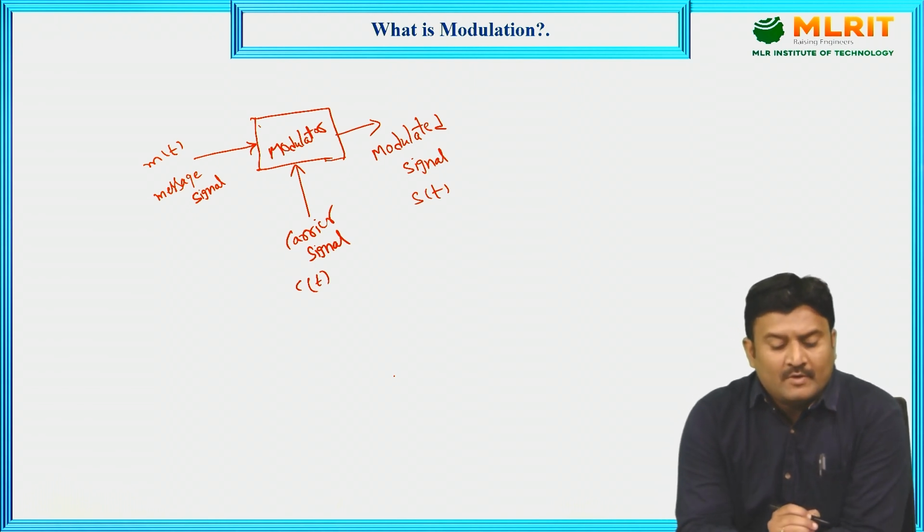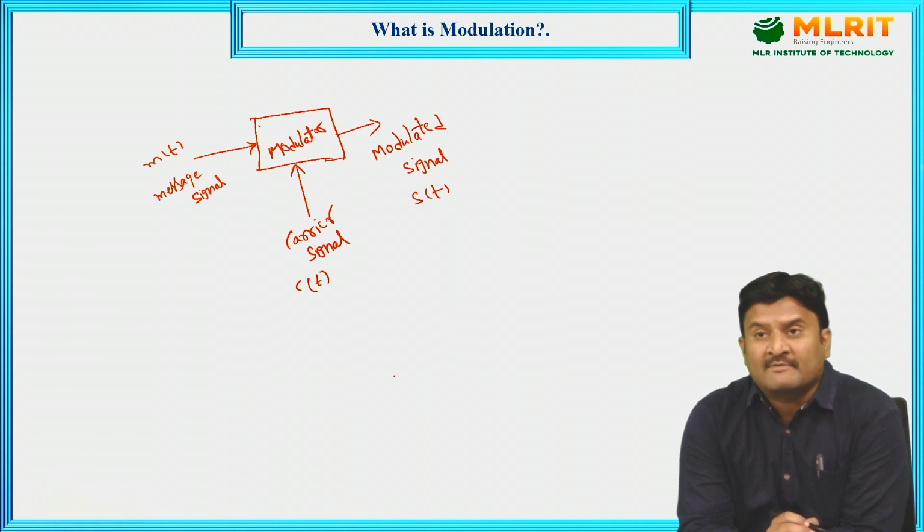Modulation needs two signals: one is the message signal and the second is the carrier signal. What is the definition of modulation? Modulation is defined as the high frequency carrier signal being varied according to the instantaneous values of the message signal.